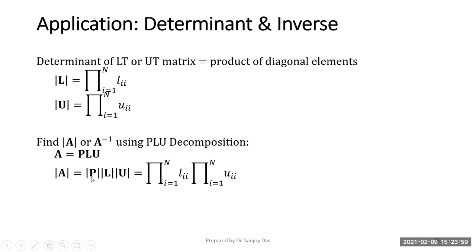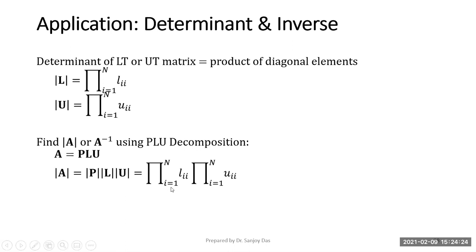The determinant of A equals the determinant of P, determinant of L, and determinant of U. Correct? What's the determinant of P? P is a permutation matrix. Its determinant is 1. What's the determinant of L? Lower triangular. It's the product of its diagonal elements. And likewise, the determinant of U is also a product of its diagonal elements.